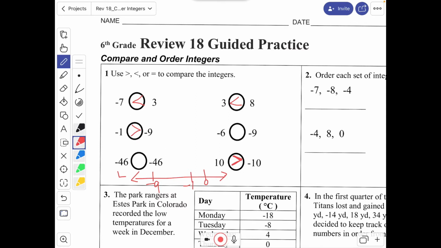And the one next to it is -6 and -9. -6 would be somewhere in here. So again, -9 is smaller. And then -46 and -46 are obviously the same, so they are equal.